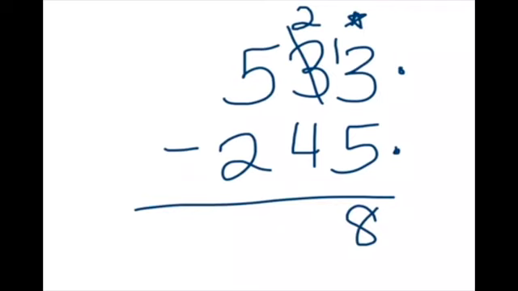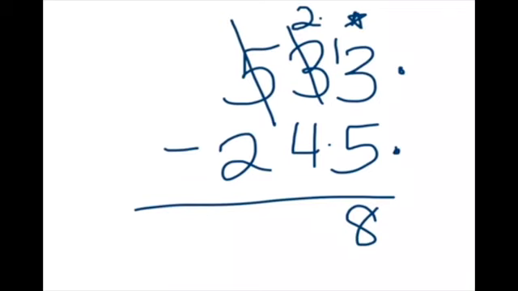Then I have to ask myself another question now that I'm over at the tens place. Do I have more on top or more on the floor? On top, there is a 2. So I have more on the floor again, so I have to go next door and get some more.